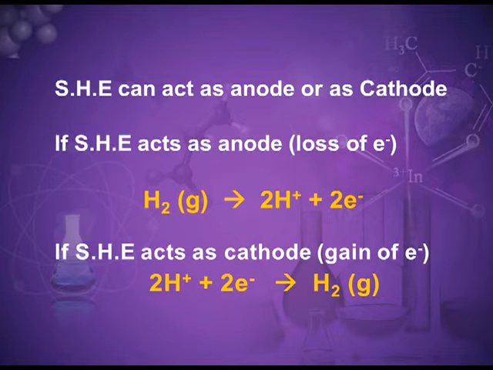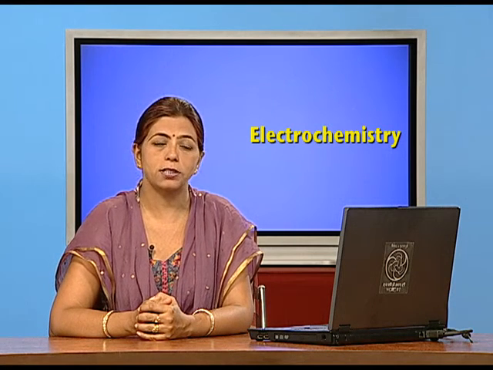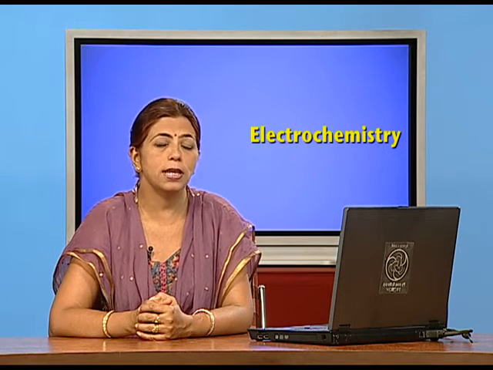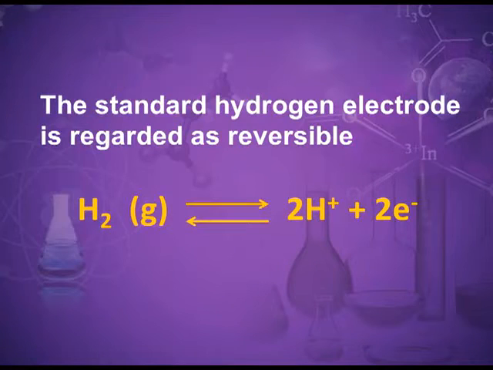And when it has to act as cathode, that means the gain of electrons, then hydrogen ions in the electrolyte accept 2 electrons and are reduced to hydrogen gas. So I think it's very clear that it can act as anode and cathode. So we say it is a reversible hydrogen electrode. Just see the reaction, the conversion of the elemental state into the ionic state and the reverse reaction.